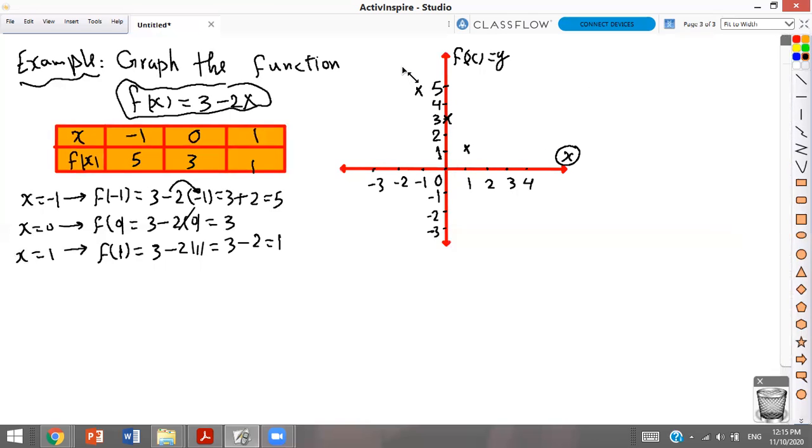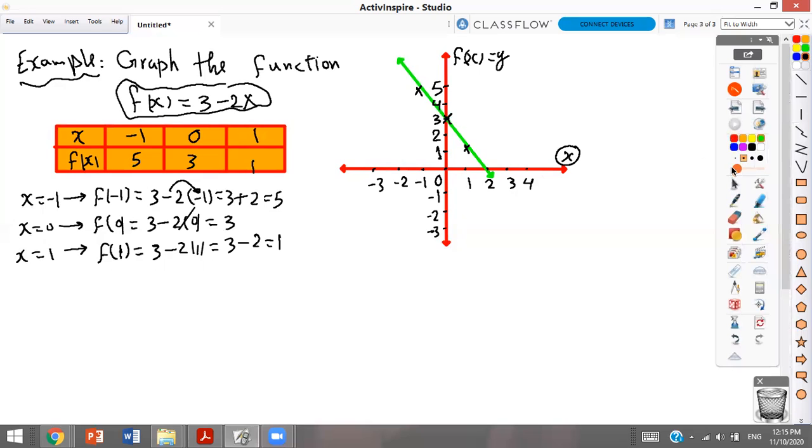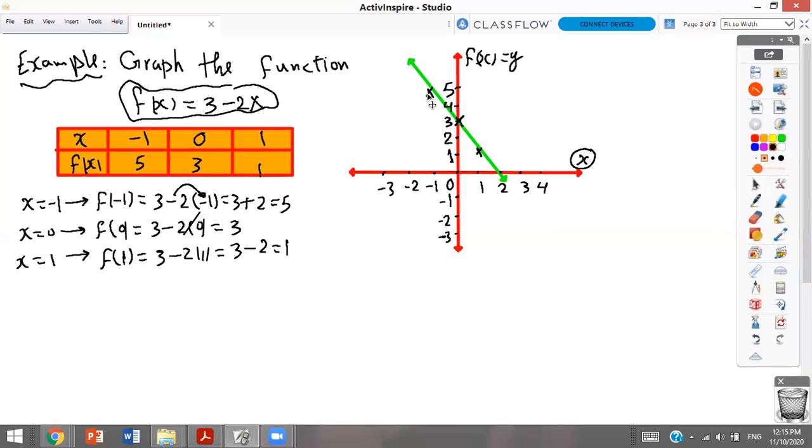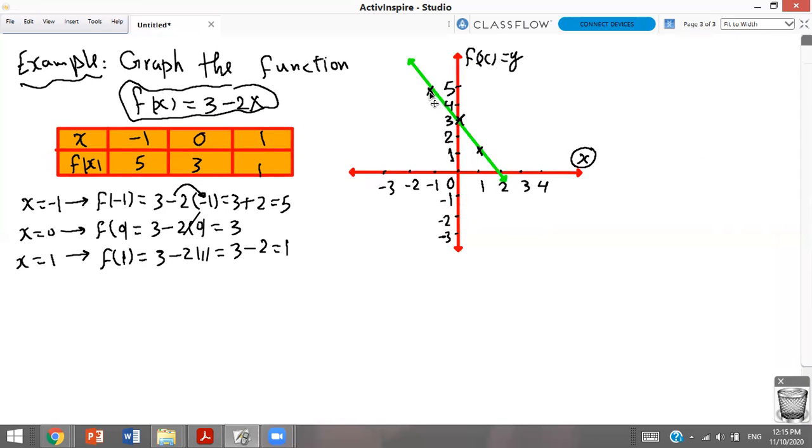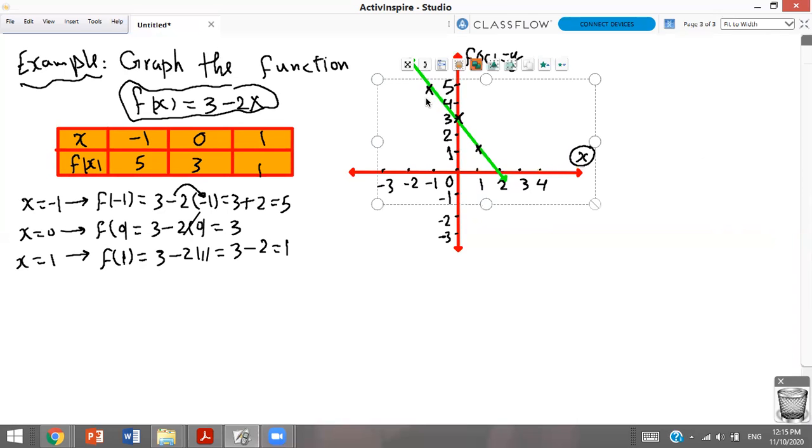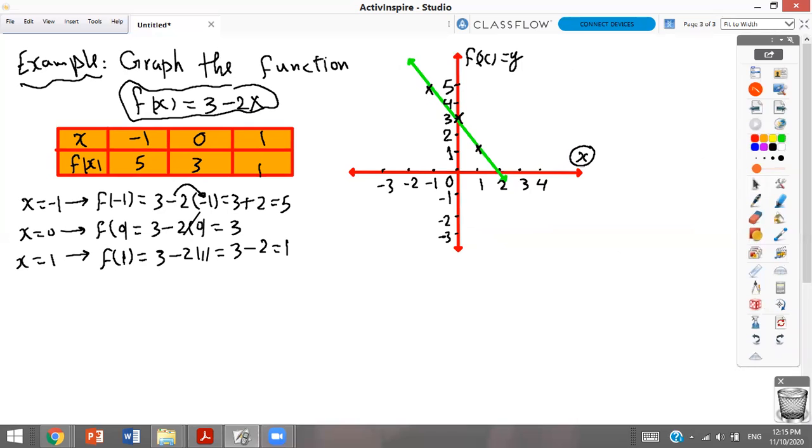Check if it's like mine, then it's correct. Okay, this is your drawing. If it's like this, it's correct.